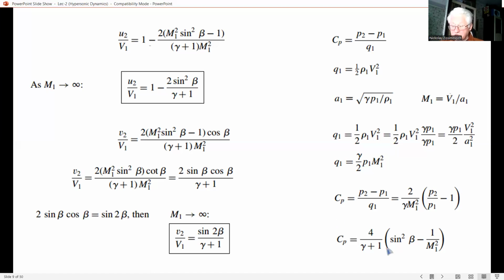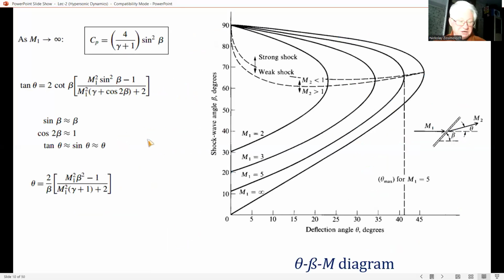Cp is equal to 4 over gamma plus 1 times the component in parentheses, sine squared beta minus 1 over M1 squared.